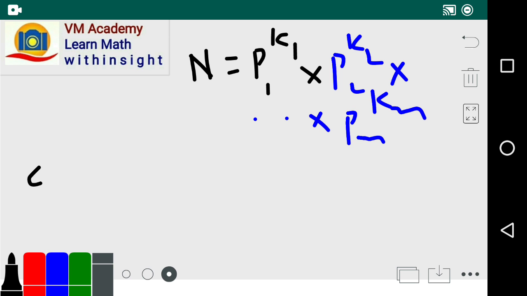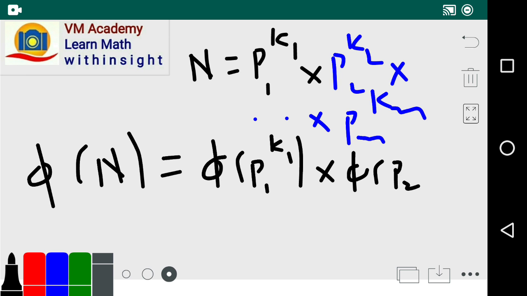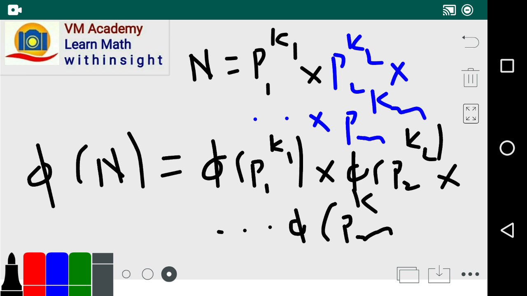Then phi of n is nothing but, friends, phi of p1 raised to k1 into phi of p2 raised to k2, so on phi of pm raised to km, friends. In this manner we can write, friends.